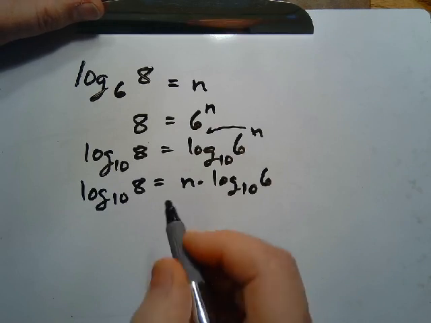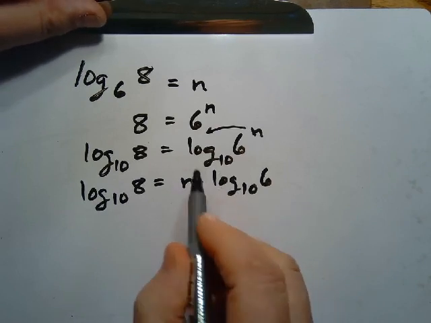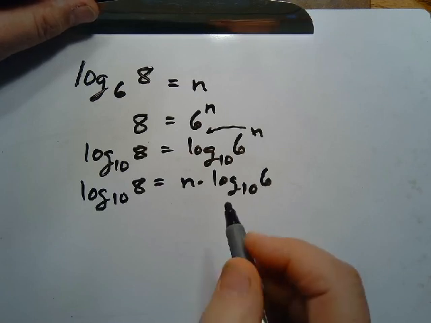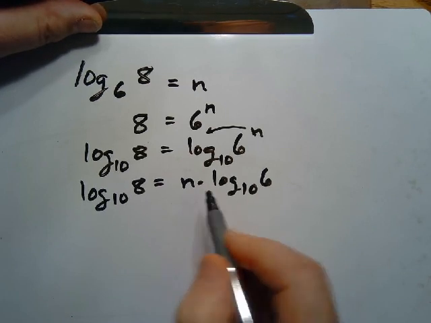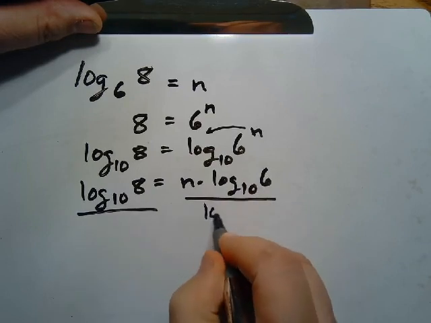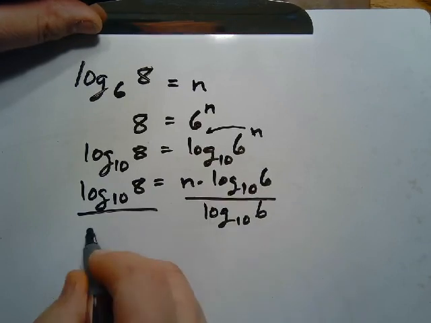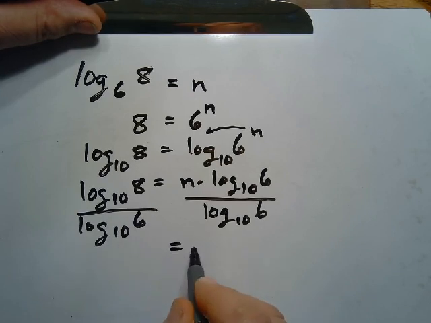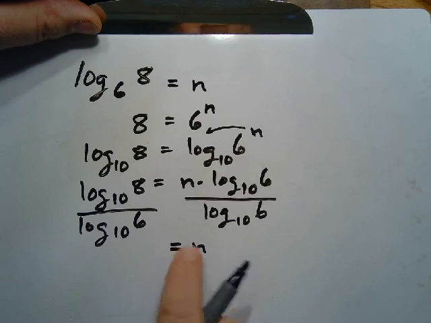Now I'm doing this problem for the first time here, but you don't need to keep doing this because there's going to be a rule that we can follow. Now to get n alone, I'm going to have to divide both sides by this here, this log base 10 of 6. Log base 10 of 6. And so now n is alone, and what's it equal to?